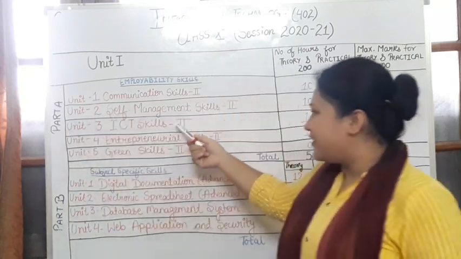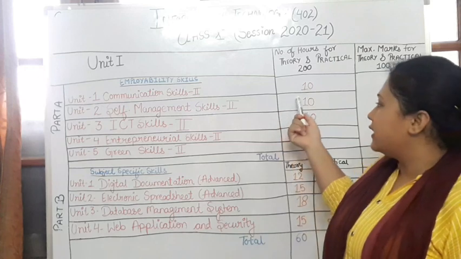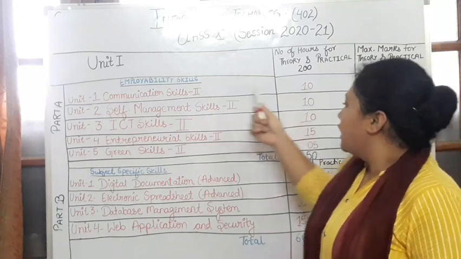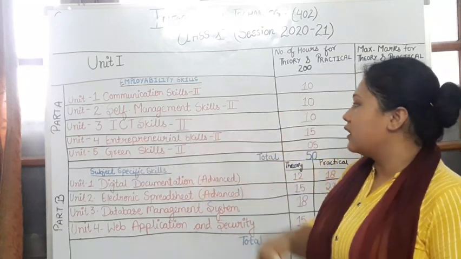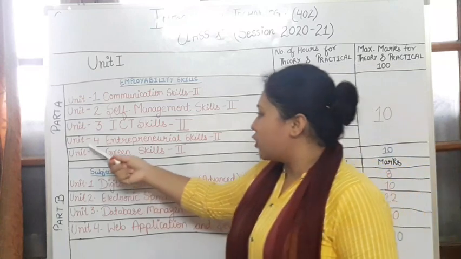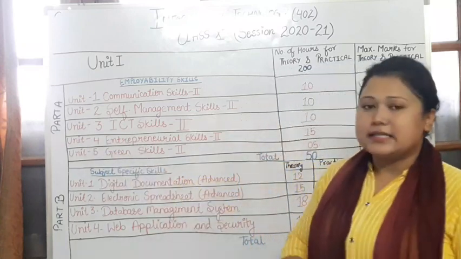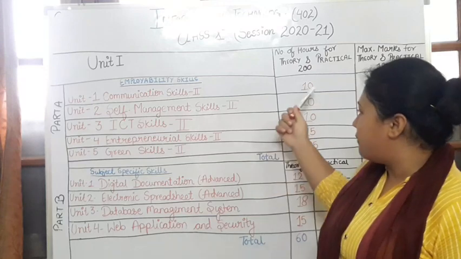Unit 2, self management skill 2, also contains 10 marks. Unit 3, ICT skills 2, also contains 10 marks. Fourth unit, entrepreneur skill 2, consists of 15 marks.